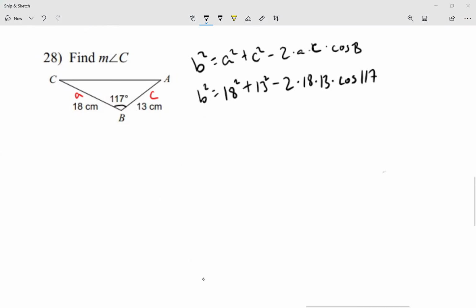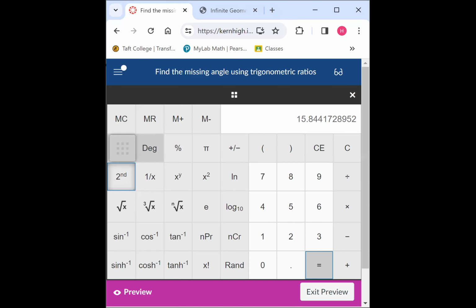Let me get my calculator out here. Again, I'm using the calculator you guys have in Canvas, so I don't need the second, because I'm going to use cosine. So let me see, 18 squared plus 13 squared minus 2 times 18 times 13 times cosine of 117.